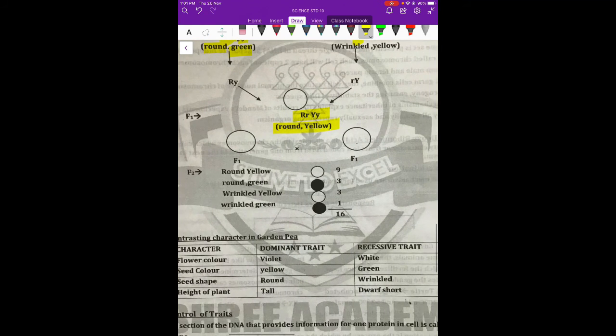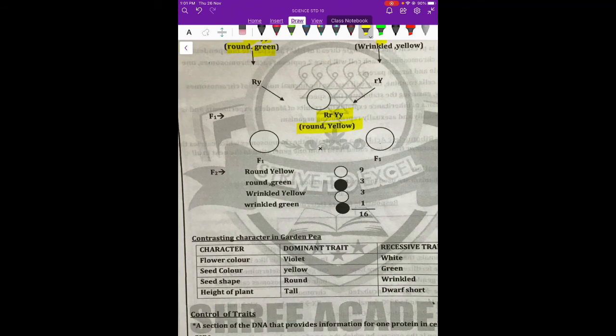But then when he came to the second generation, called F2, he found the ratio to be 9:3:3:1. What does 9 mean? Round yellow were 9, they were maximum. Round green were only 3, wrinkled yellow were 3. Now this is the ratio, not the number of plants.